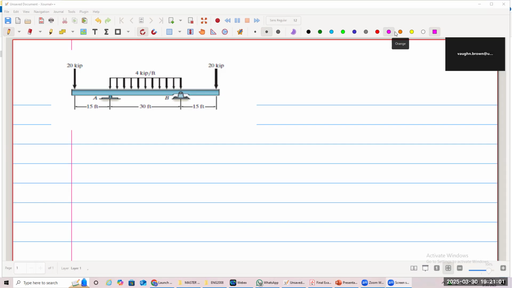This problem can be solved by inspection, by experience. It can be solved by method of section, can be solved by singularity method, and it also can be solved by calculus. All right?